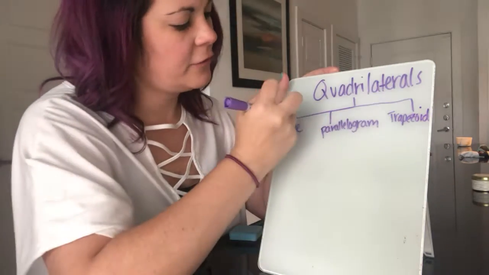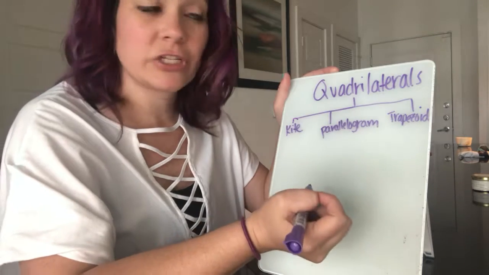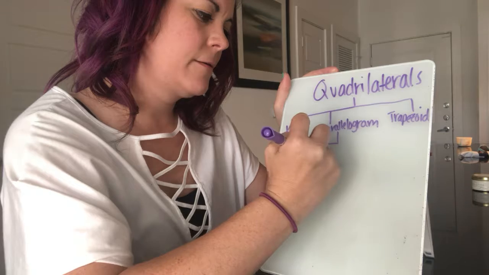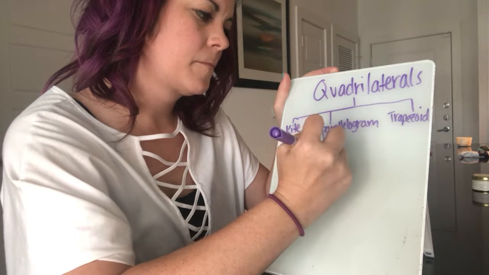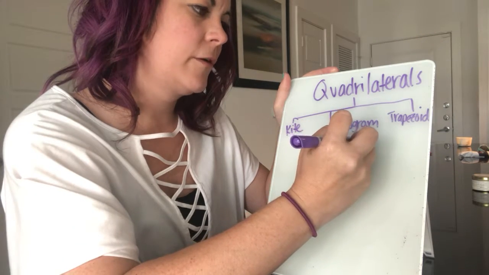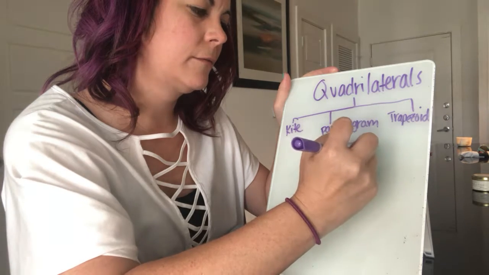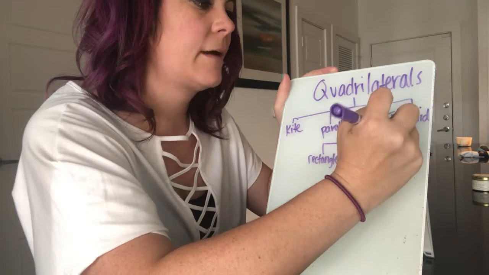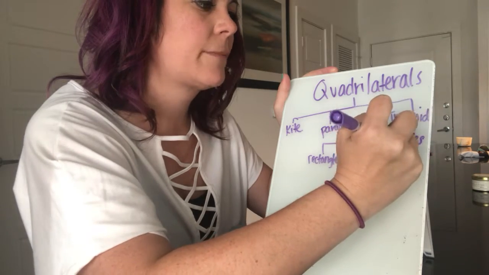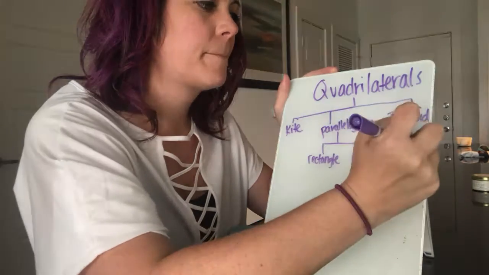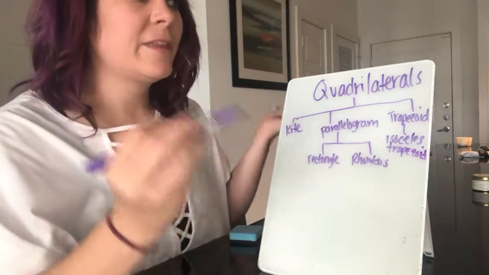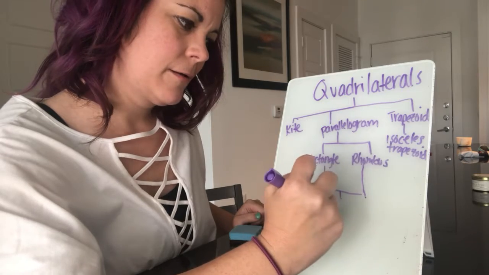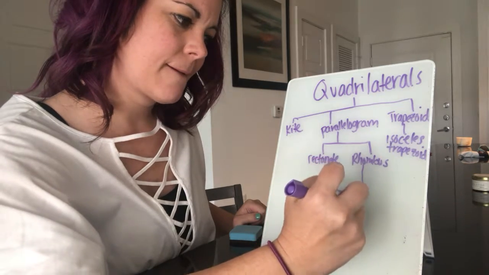There's no shape that goes under kite. A kite is just a kite. But under a parallelogram, we can have a rectangle and a rhombus. And then under trapezoid, we have one specific type, an isosceles trapezoid.